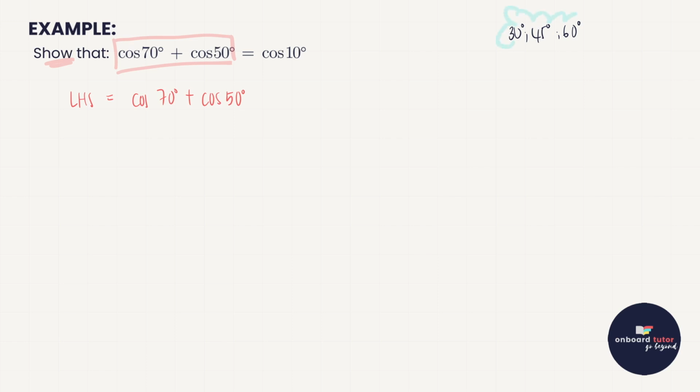I'm thinking, how can I use one of these special angles or more to help me here with this 70 and this 50? And what I notice is that I can write cos of 70 as cos of 60 degrees plus 10 degrees. And cos of 50 I can write as 60 degrees minus 10 degrees. And then that becomes a compound angle that I'm dealing with.